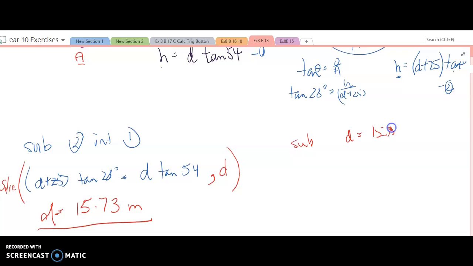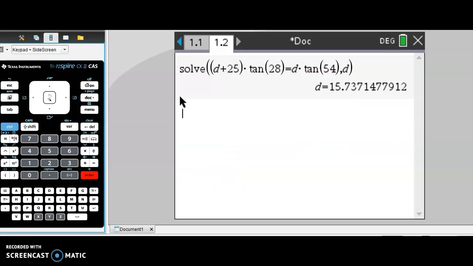15.73 into equation 1. My pen's not working too well. Let's go to our calculator again. You can't do this without a calculator, unless it was a well-known angle like 30, 60, or 45.